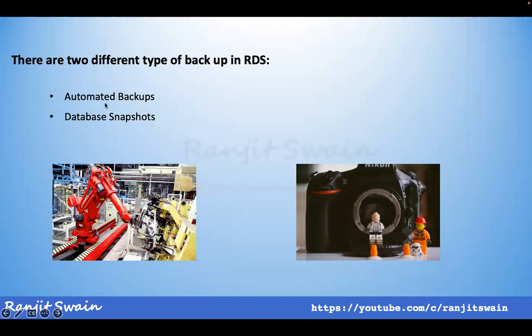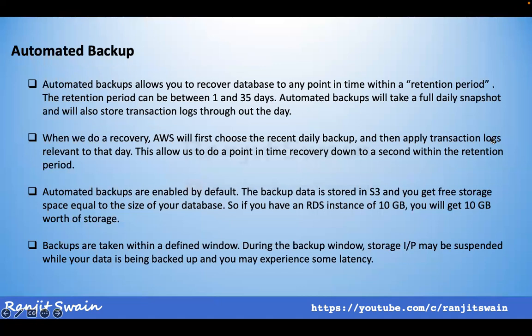The automated backups and the database snapshots will be automatically taken by RDS. You only have to select it. So what does the automated backup do? The automated backup allows you to recover the database to any point in time within a retention period. The retention period can be between 1 to 35 days.